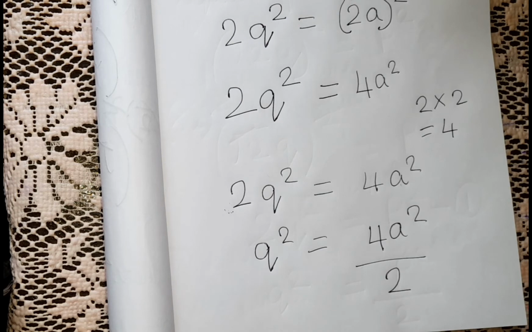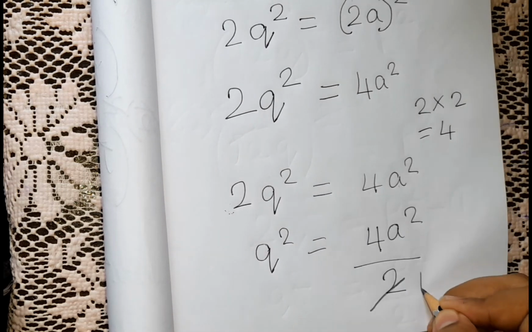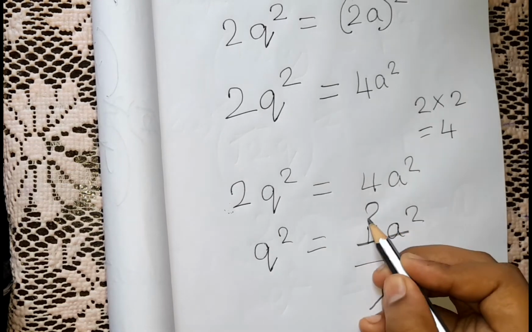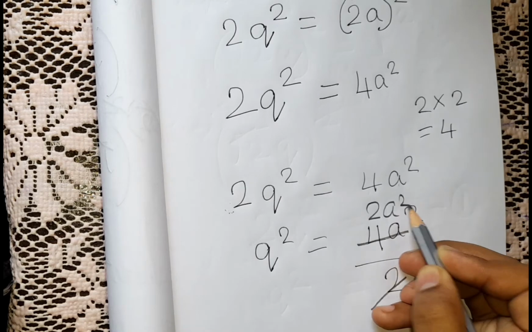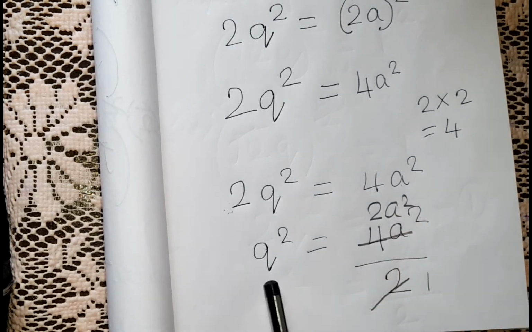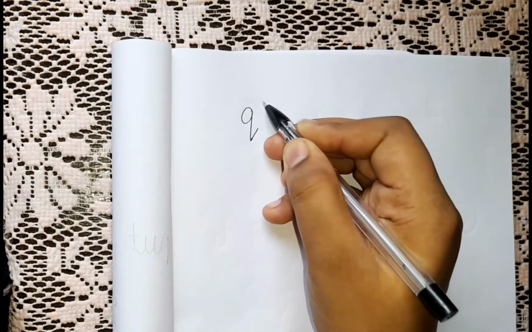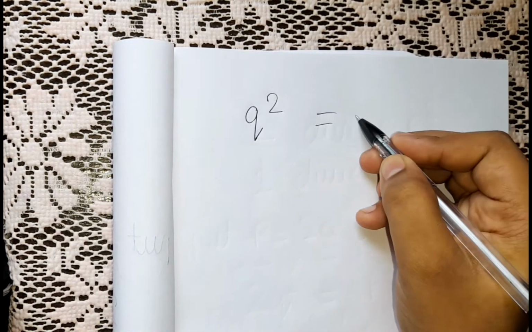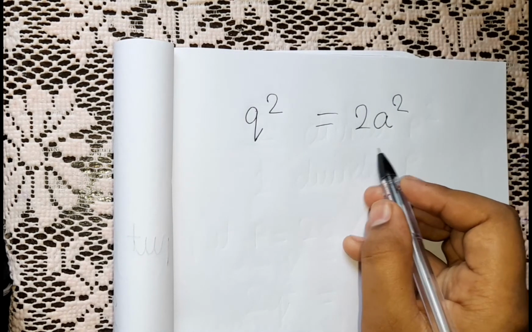Now we shall cancel it. So as you guys know, 2 ones are 2, and 2 twos are 4, and a square as it is. So the answer is q square is equal to 2a square. Let's write that. q square is equal to 2a square. So here it is in the multiplication form.